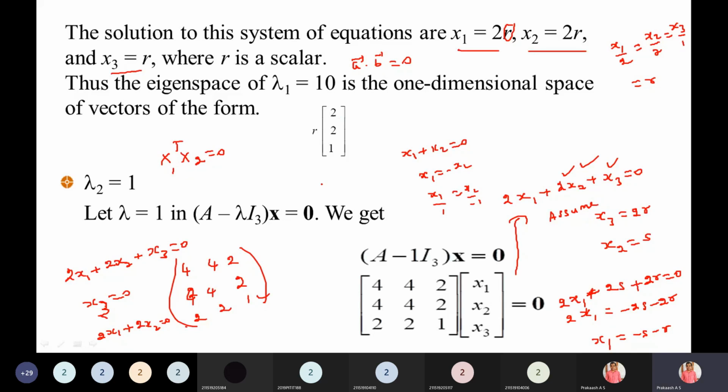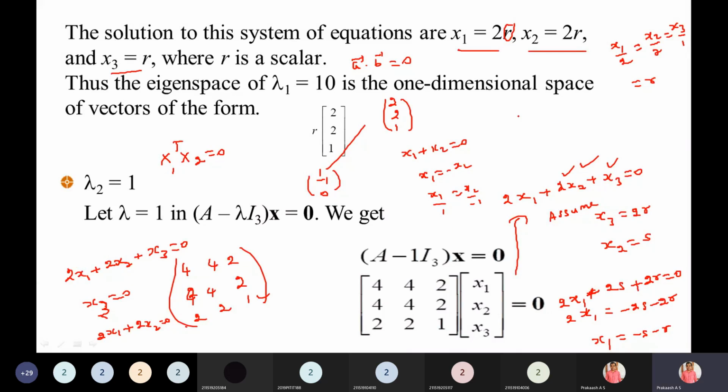So the simplest eigenvector is 1 minus 1 0, and the simplest eigenvector is 2 2 1. If you multiply corresponding elements, 2 minus 2 plus 0, that is 0 will come. Even if you assume 2x1 equal to 0, definitely it will be orthogonal.